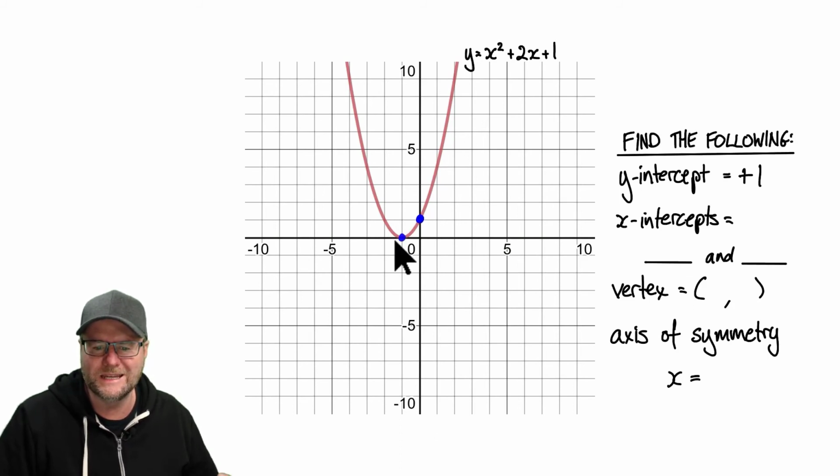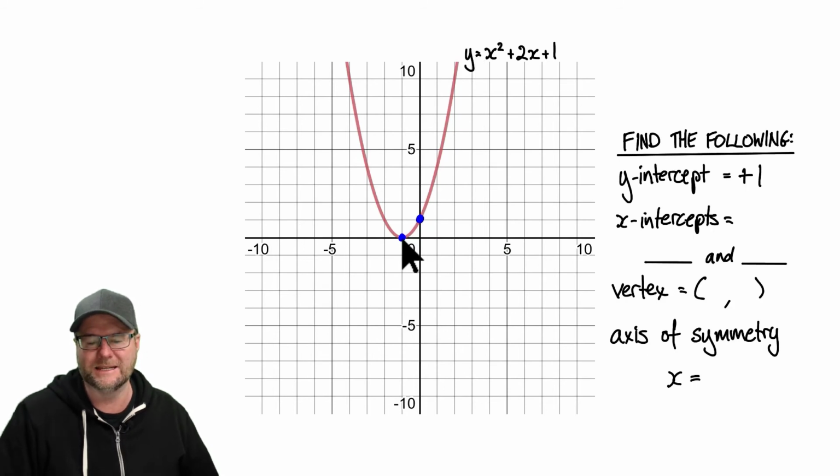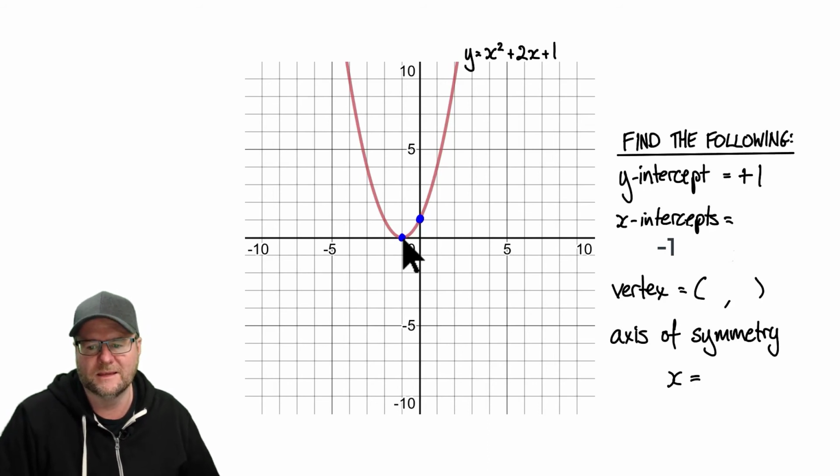Well, it just touches the x-axis, but only in this one point, okay? It just comes down, just kisses the x-axis, and then it heads back. So we would say it's got an x-intercept at -1, and does it have another one? No, it doesn't. So it has an x-intercept of -1. That's the only one. It only has one x-intercept.